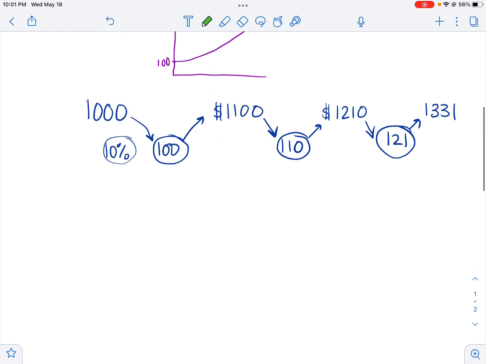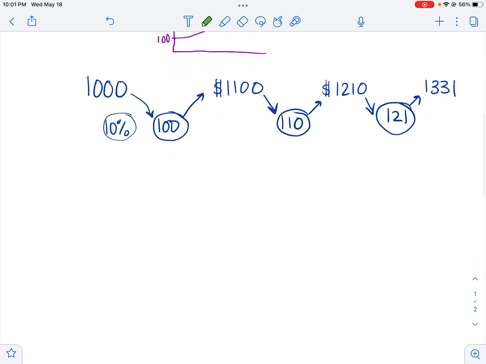Okay. So let's look at a way to calculate that. So let's use our $1,000. So let's say we are investing $1,000 and we're earning 10% every year. So 1,000 is our principal investment and our rate is 10%, or we could write that as 0.10.